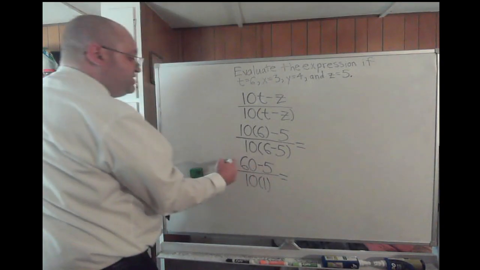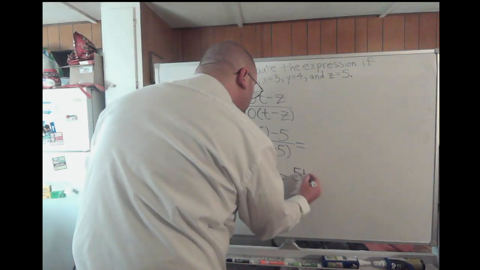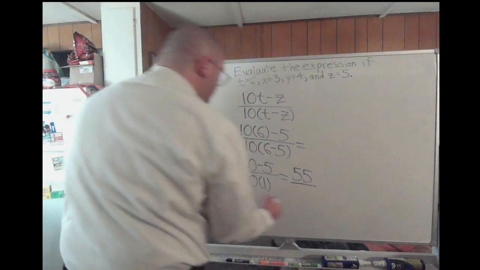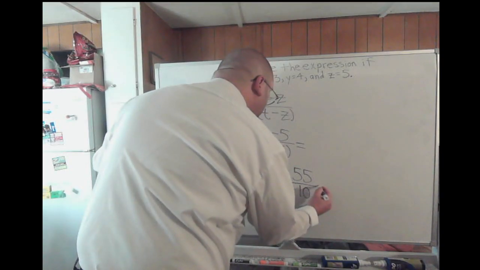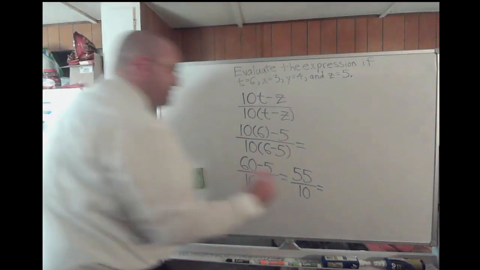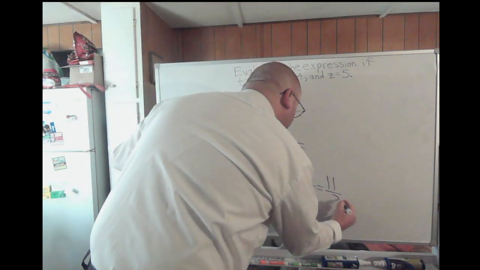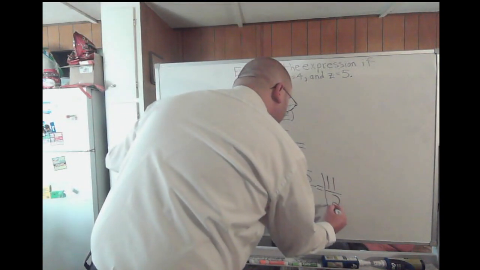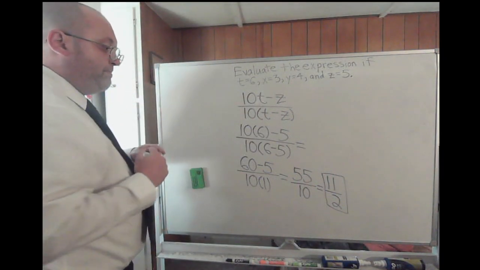So the numerator, 60 minus 5, that's going to equal 55, all over the denominator of 10 times 1, which is simply 10. Well, we know 55 tenths reduces. 55 tenths would reduce to 11 halves. So the answer for this would be 11 halves.